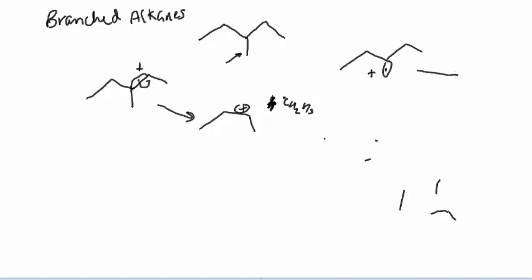Now, if this is going to fragment, it's going to produce a secondary carbocation, just as we saw over here. But that's going to make a 1-carbon radical, a methyl radical. So here is what would happen with this one. Producing that secondary carbocation. That's not bad. The radical would be a methyl radical.